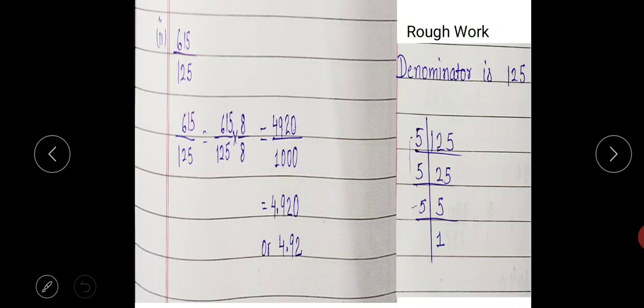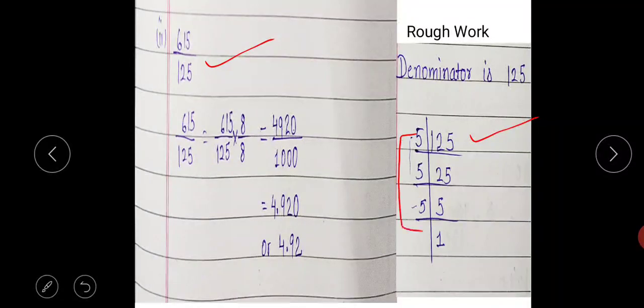Now question number second is express 615 upon 125 into decimal form. So first of all we find prime factorization of 125 in rough work. 5, 25, then 5 5s are 25, 5 1s are 5. Prime factorization is 3 times 5.